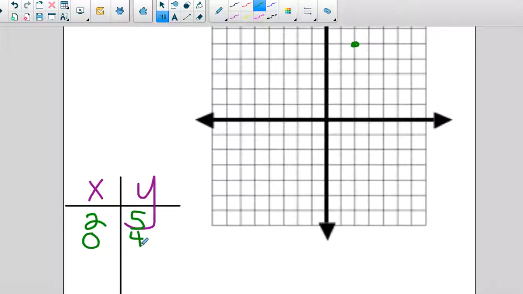So we got 0, comma 4, which means if this is the vertex, I can use my axis of symmetry, which is this line here, and say, if I have 0, 4, then I also have to have 4, comma 4, which is opposite this point across the axis of symmetry. So that's another point I can get without doing any work.